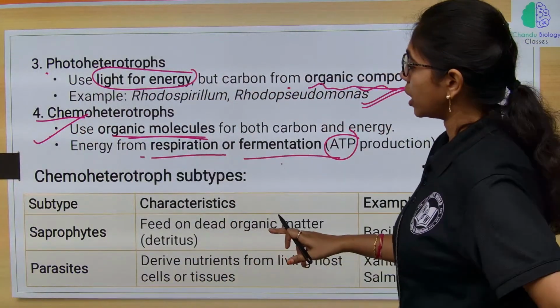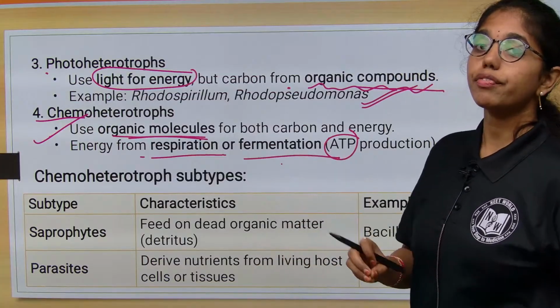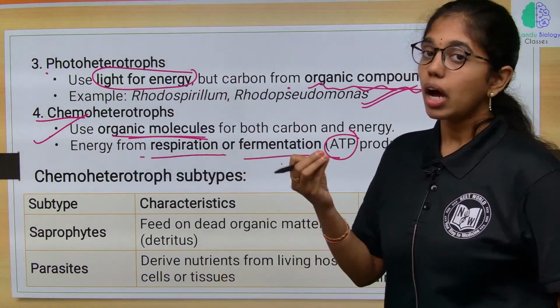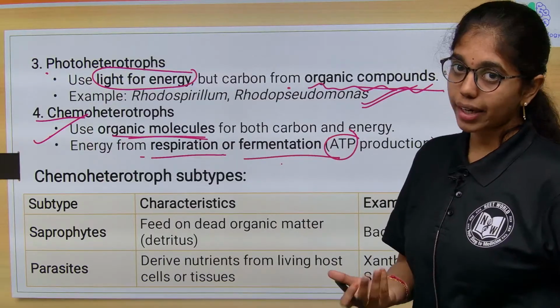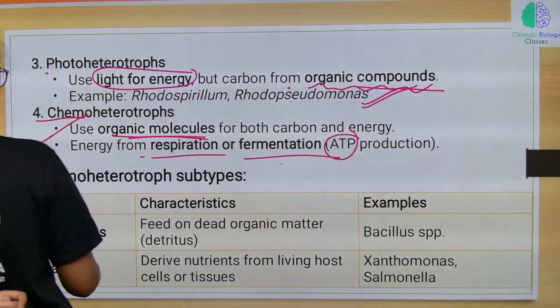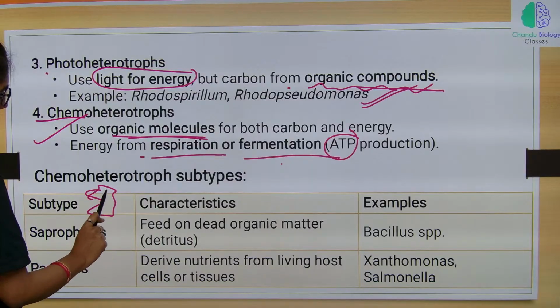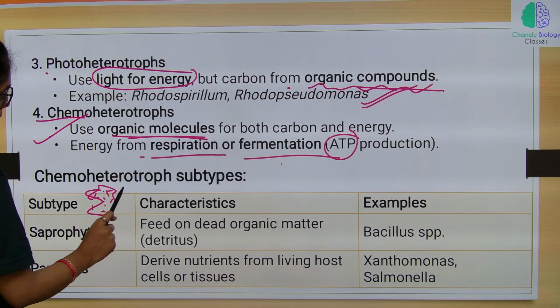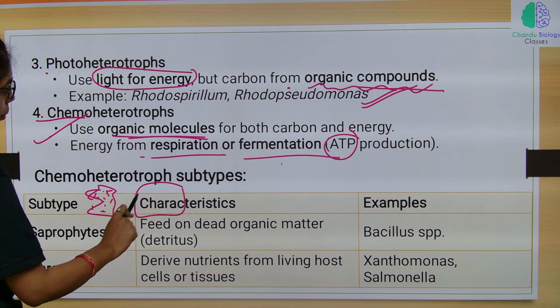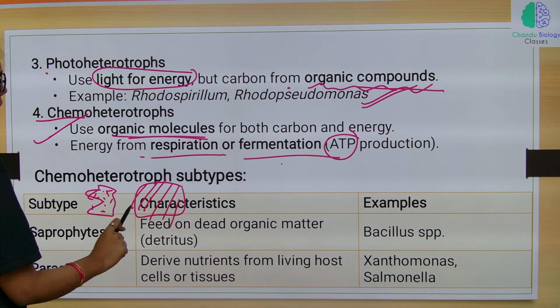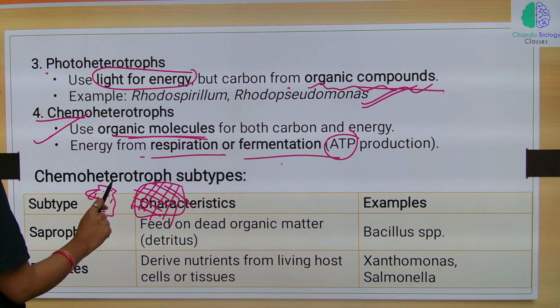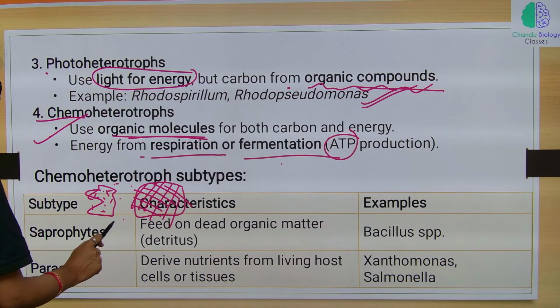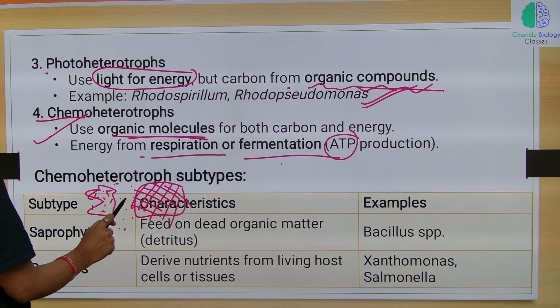So here if you see, saprophytic nutrition is they will feed on dead and decaying matter. How do they feed on detritus or dead or decaying matter? See, if this is the bacteria, and here there is some complex food material. This bacteria will be releasing out the enzymes, hydrolytic enzymes.